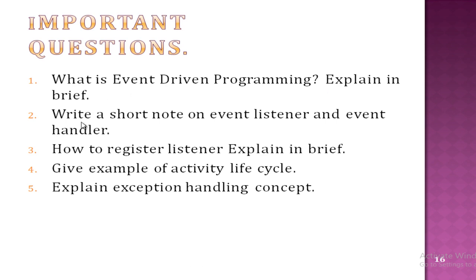Second, write a short note on event listener and event handler. How to register the listeners, explain in brief. Give an example of activity life cycle, and last, the exception handling concept. This last question will not be asked very much, but the other 4 questions are very important, guys.